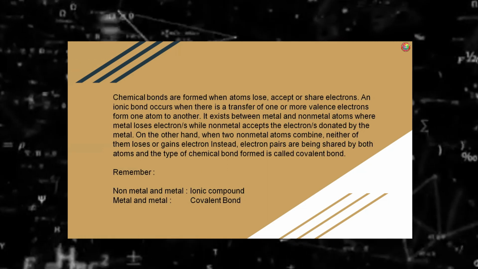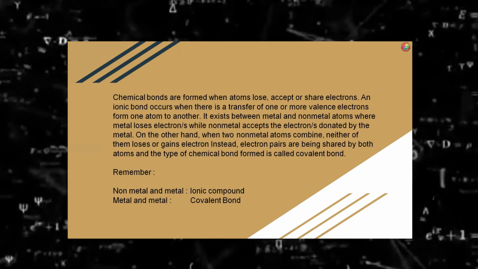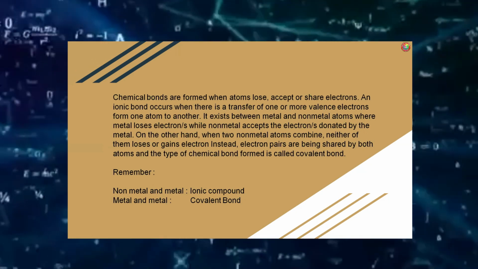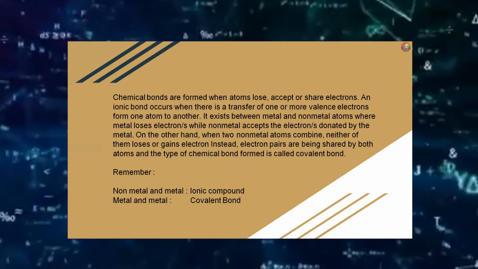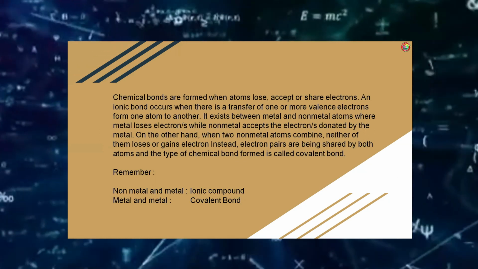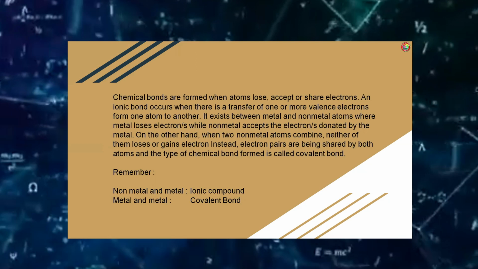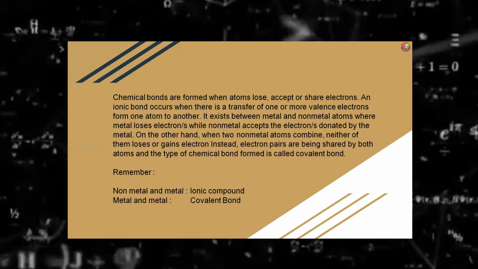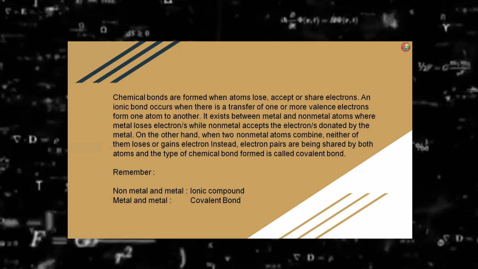On the other hand, when two nonmetal atoms combine, neither of them loses or gains electrons. Instead, electron pairs are shared by both atoms, and the type of chemical bond formed is called a covalent bond. So remember that metal and nonmetal is an ionic compound, and nonmetal and nonmetal is a covalent bond.